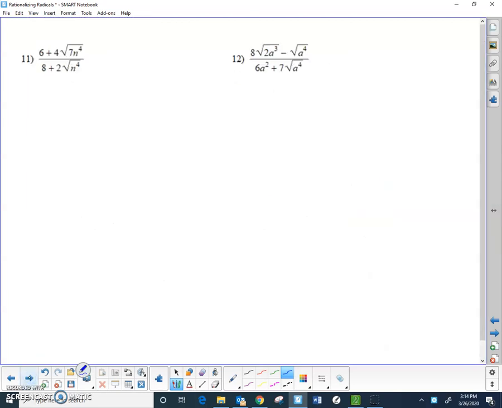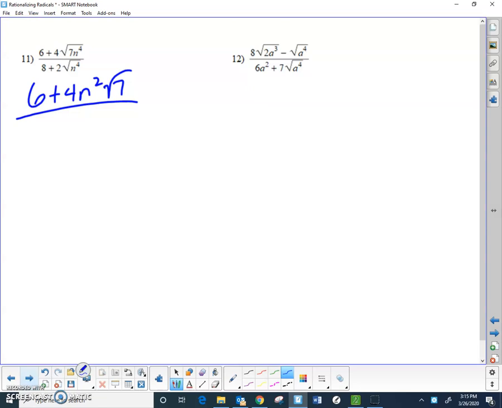All right, and the next problems. So we're going to simplify some of these first. These are square roots. On the top, I've got 6 plus 4, the square root of n to the 4th, so that's n squared. And I'm still left with the square root of 7 on the inside.